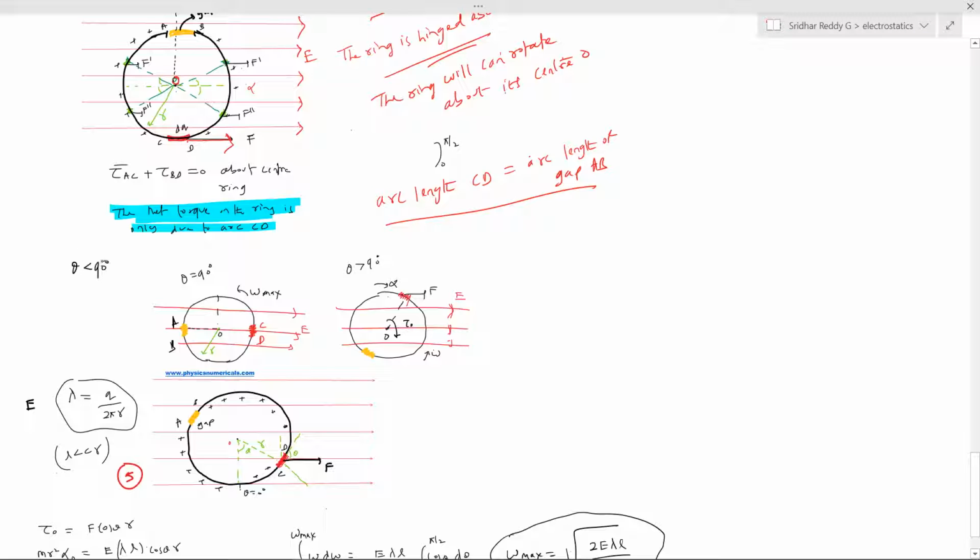For theta, omega increases. Then next, what do we write here? For theta, omega decreases.